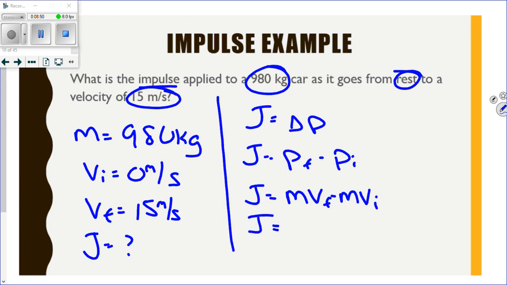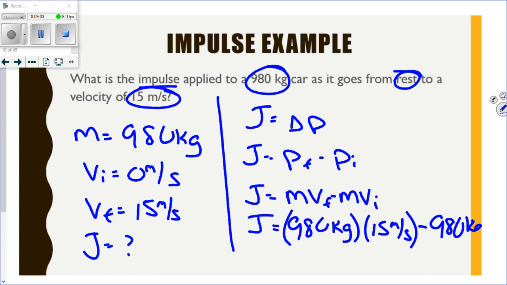The impulse, J, is equal to 980 kilograms times a final velocity of 15 meters per second minus the mass, 980 kilograms, times the initial velocity, which was 0 meters per second. That makes our last term 0.